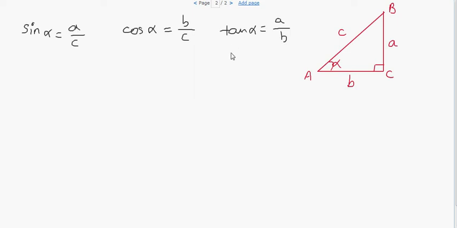Now we'll derive tan alpha in terms of sine alpha and cos alpha. Let us express tan alpha in terms of sine and cos.